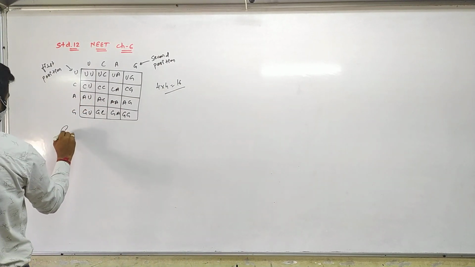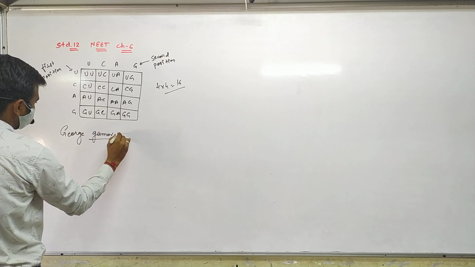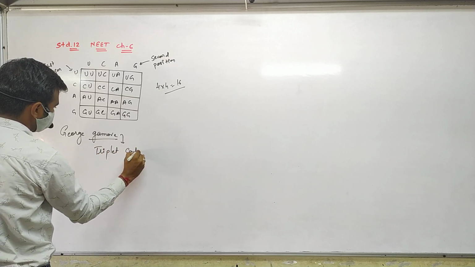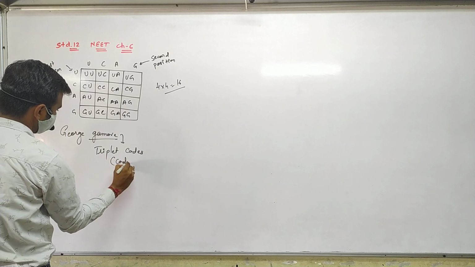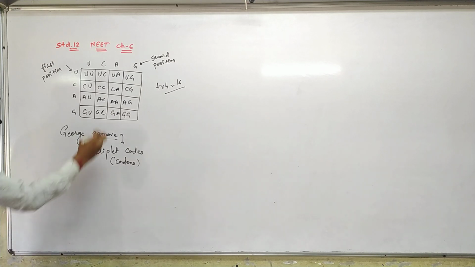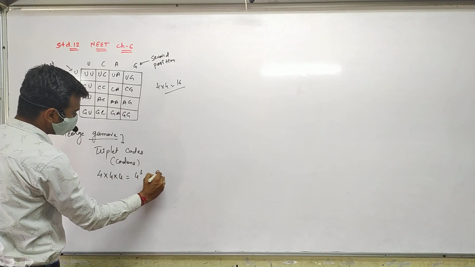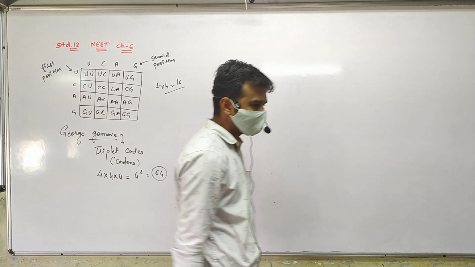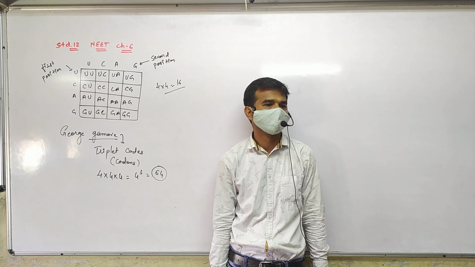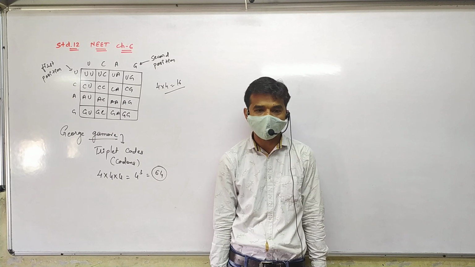The triplet code is known as a codon. 4 into 4 into 4, so 4 raised to 3 means 64 codes, which is more than enough to represent 20 amino acids. And the table that is formed is known as the checkerboard.